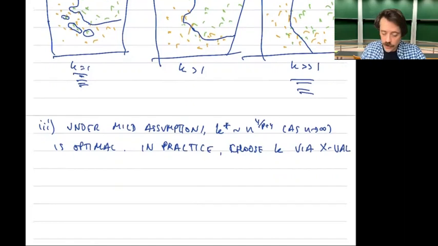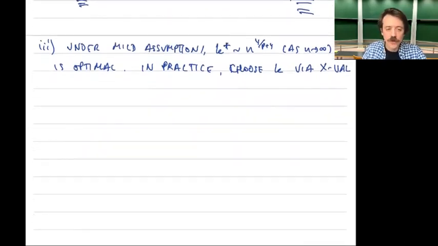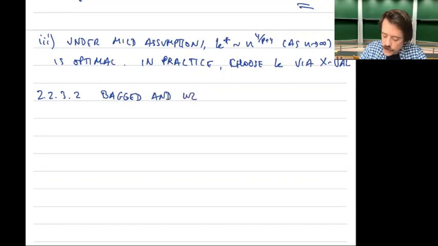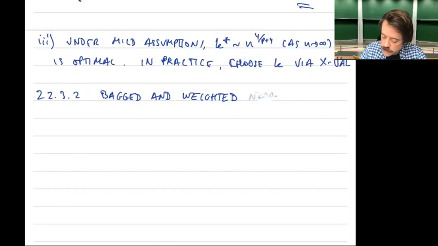Okay. So let's now move on to the next type of nearest neighbors classifiers. So this is 2.2.3.2, and this is bagged and weighted nearest neighbors classifiers.